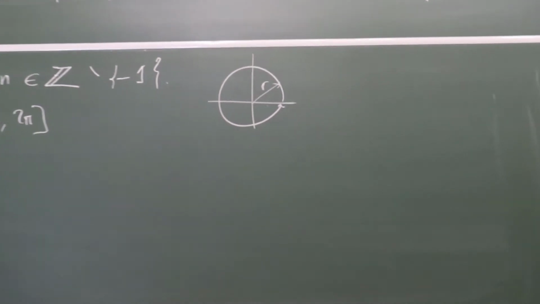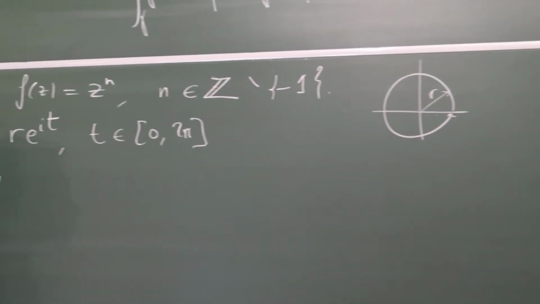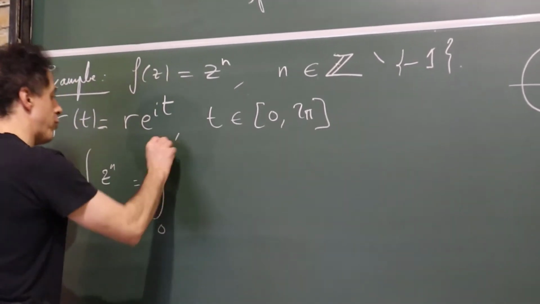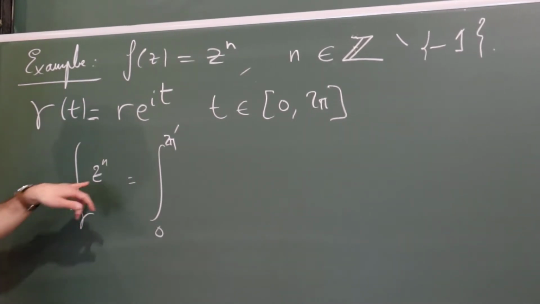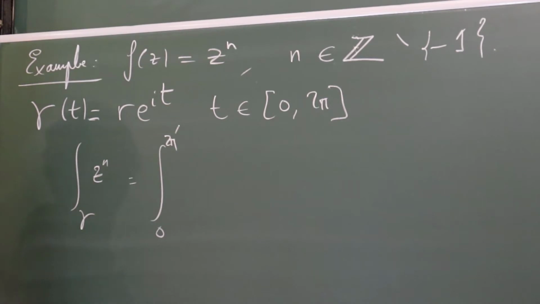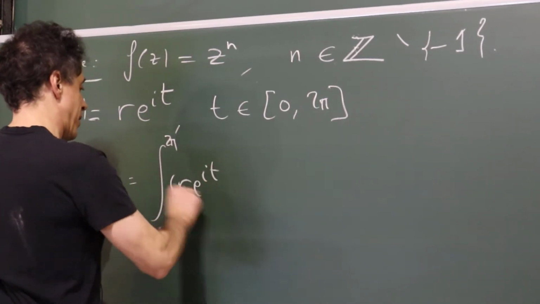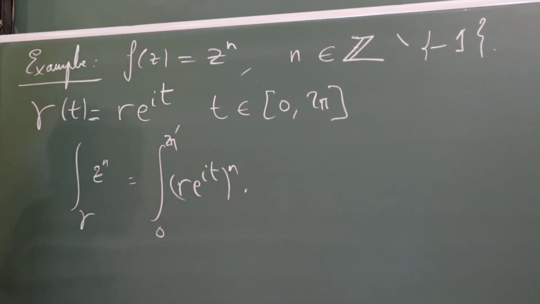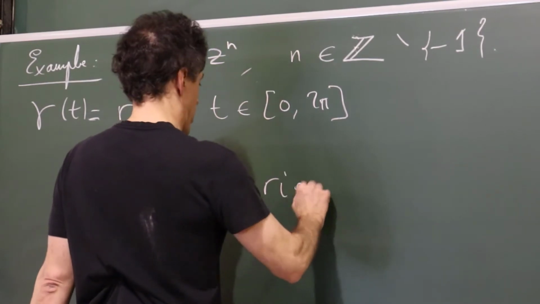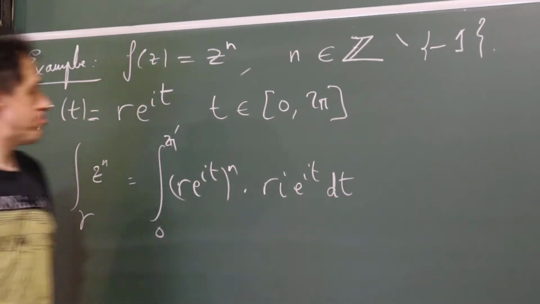So let us compute the integral of the function z^n along this loop. So by the definition, the integral is the following. The loop goes from 0 to 2 pi. We replace z by the expression of the path here, r e^{it}, times the derivative, which would be r i e^{it}.